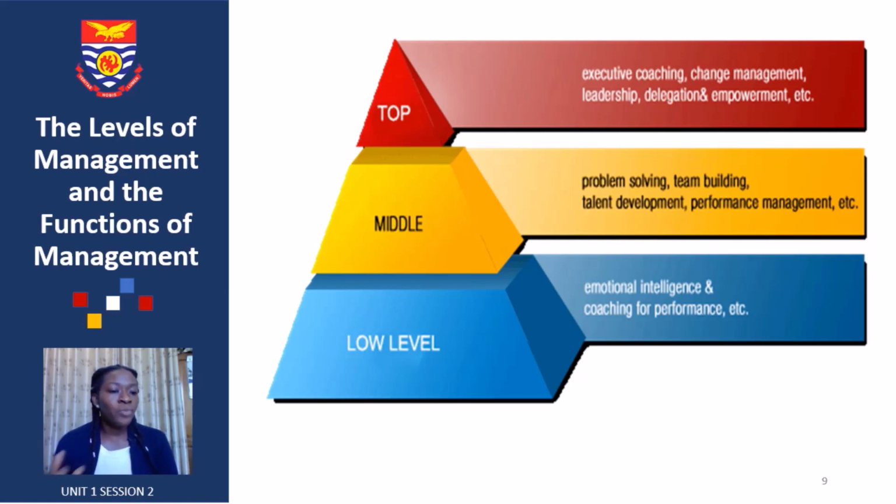You'd have your VC, Pro VC, and the university council, all those key members who make the major decisions, the strategic decisions, the long-term plans of the university, which is later broken down by the middle level, who are in between the top and the lower.